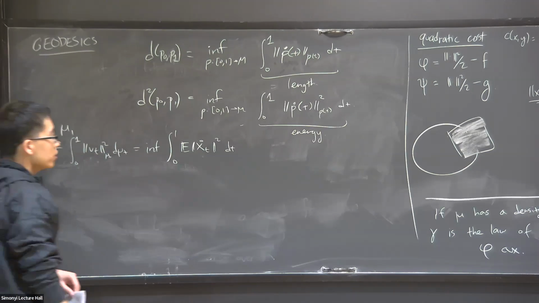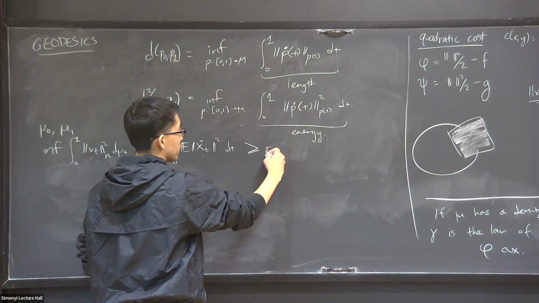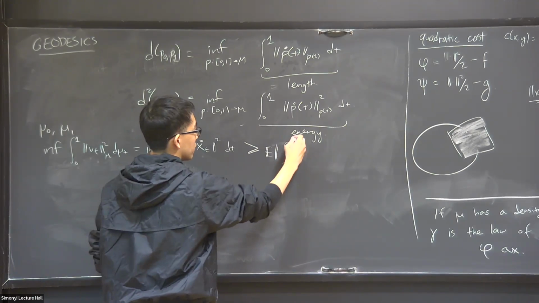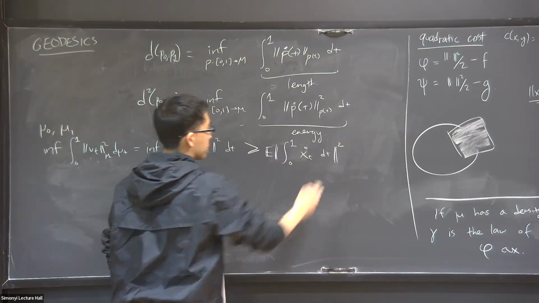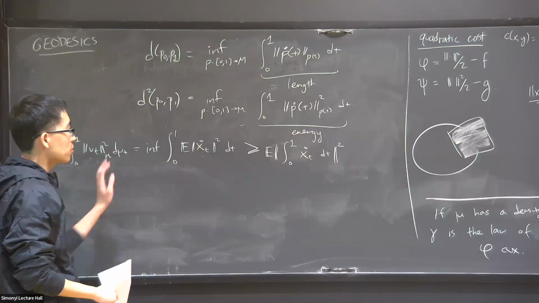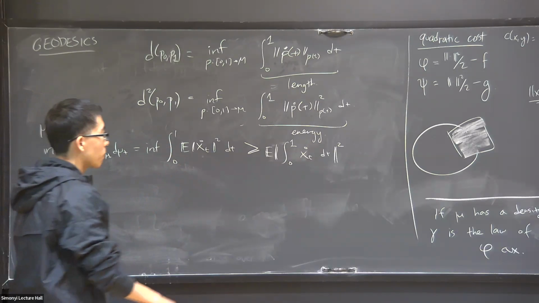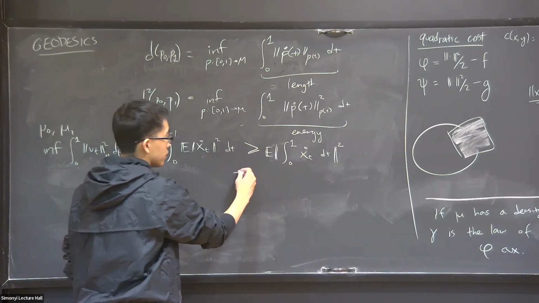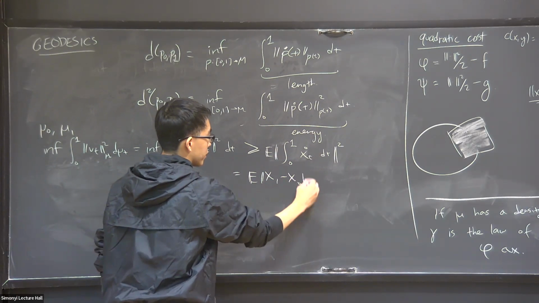Now I'm going to apply Jensen's inequality to say this is always lower bounded by the expectation of the squared norm of the integral. I just pull the integral inside the square norm. And then if I integrate the velocity, this is just the difference between the endpoints.